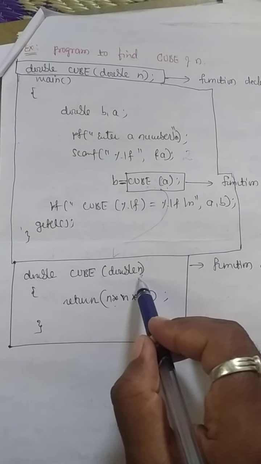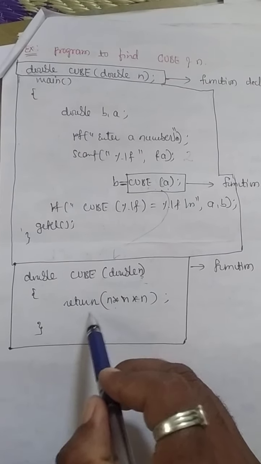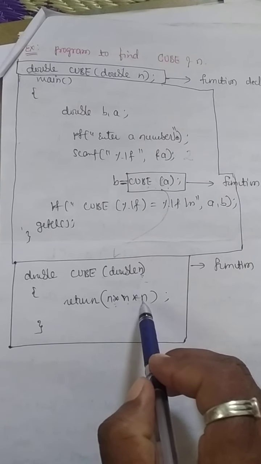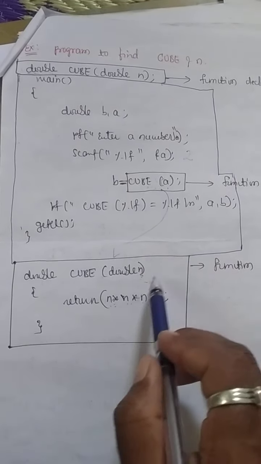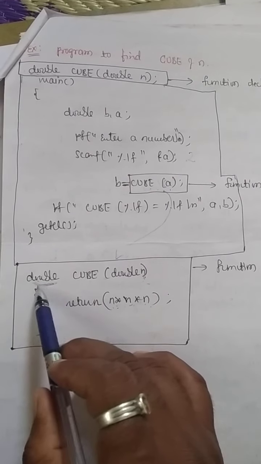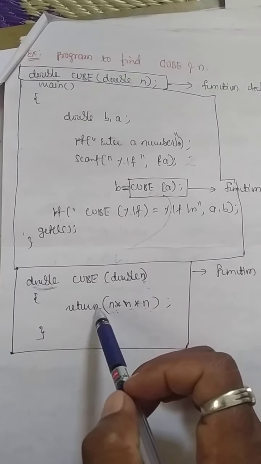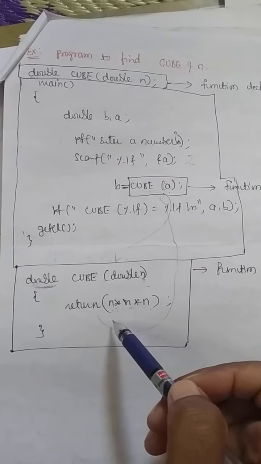When n has value 2, we write return n into n into n. That is 2 into 2 into 2, which is 8. This is nothing but the cube of the given number. So 8 is returned, and because the return type is double, it returns the value 8 to the function call in main.